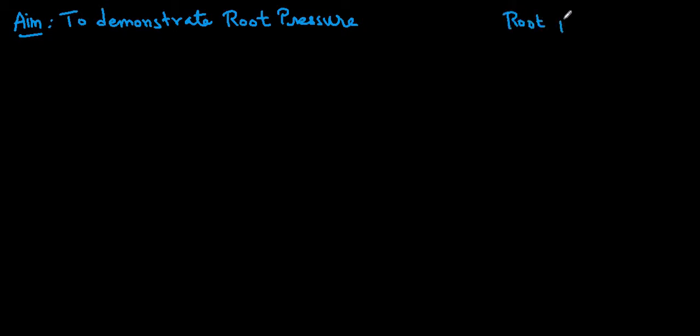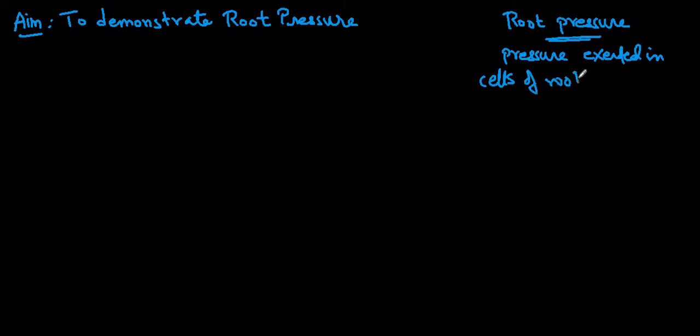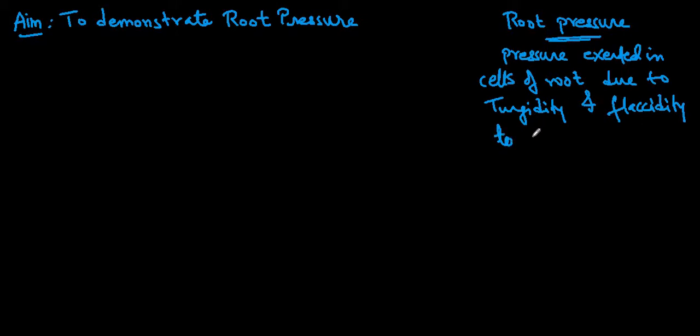What is the meaning of root pressure? Root pressure means pressure exerted inside the cells of root due to turgidity and flaccidity, to push the cell sap upward.